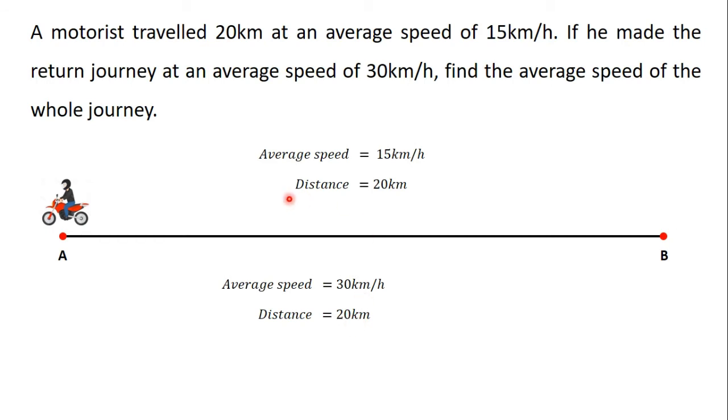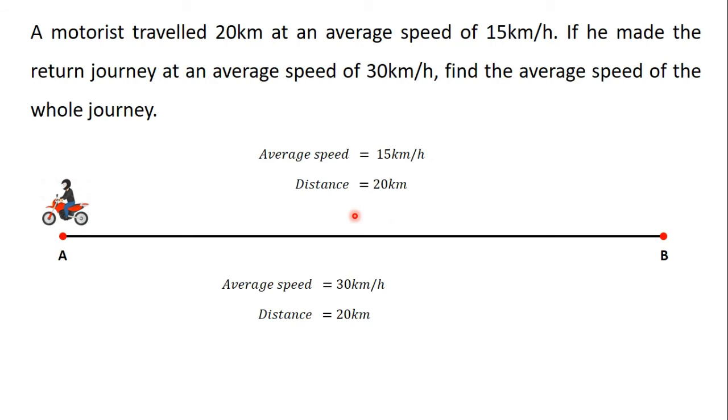So the total distance covered by the motorist will be the 20 kilometers for the first part of the journey plus the 20 kilometers for the second part of the journey. So you have 20 kilometers plus 20 kilometers, and that will give us 40 kilometers. That will be the total distance covered throughout the entire journey.